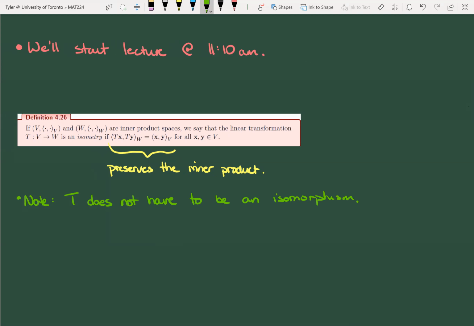Okay, and there are a few special cases where you'll immediately be able to establish that it is in fact an isomorphism, but you don't have any guarantee of that immediately. All you know is that it preserves lengths, but the big thing that could fail is that, for example, the isometry could not be surjective, right?